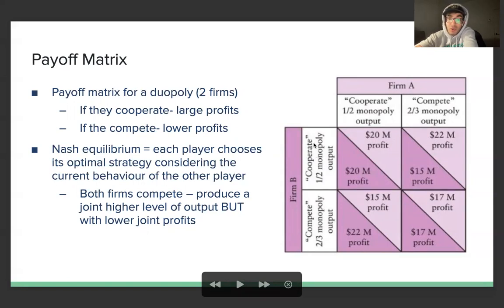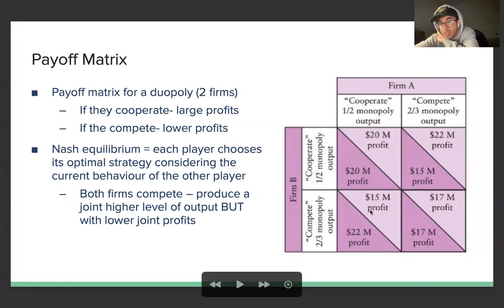But when firm B tries to cooperate and then firm A tries to compete, firm A is going to have higher profits than firm B, and even higher than the 50-50 split. And the same case for firm B here. And then if both firms try to compete, then they end up with lower profits. So it's still 50-50, but they end up with lower profits because competing requires resources.